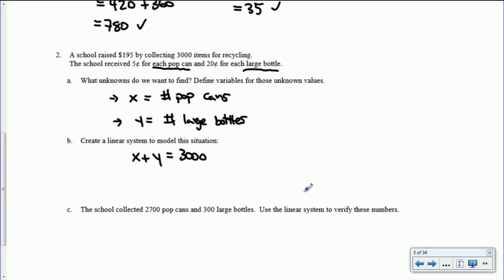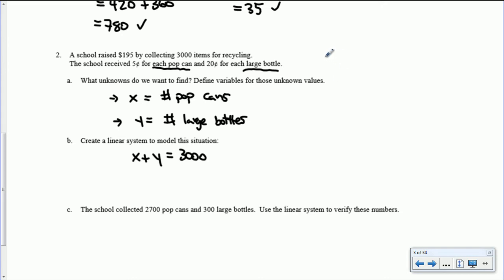Okay, and next, $195. So I guess we've got a number of cents here for each of these, and we've got dollars here. So it'd be good to have them all on the same page. We could either work with a number of cents, or we can stay in dollars.